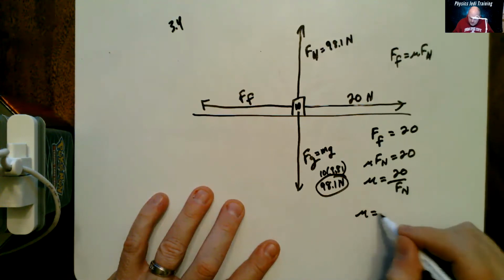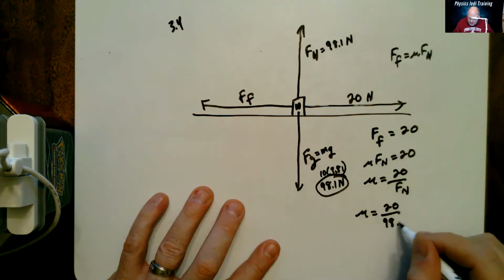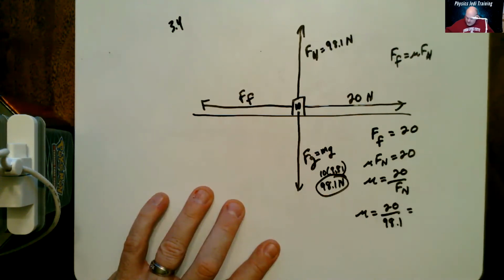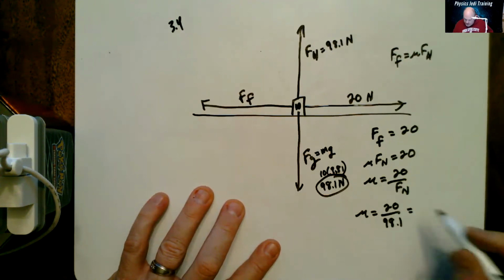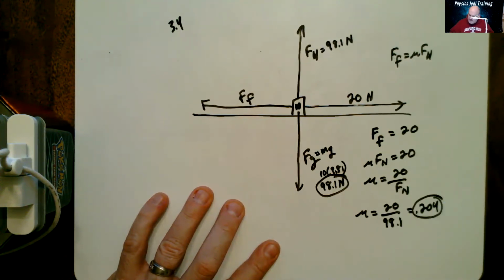So mu would equal 20 divided by the normal force, which was 98.1. If I do that on the calculator, 20 divided by 98.1, I get 0.204 is the mu.